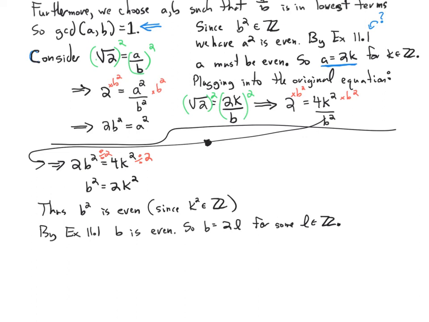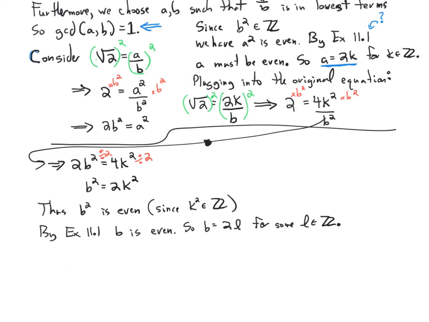Okay, now that we're back, well, we've shown for sure that A is even. That's key. We've shown that B is even. But what does that mean? 2 even numbers definitely have a common factor of 2.